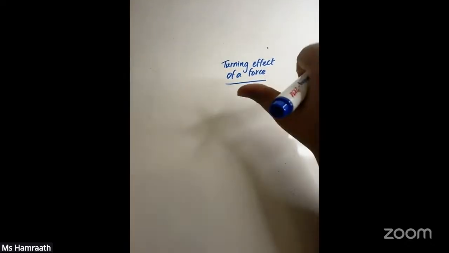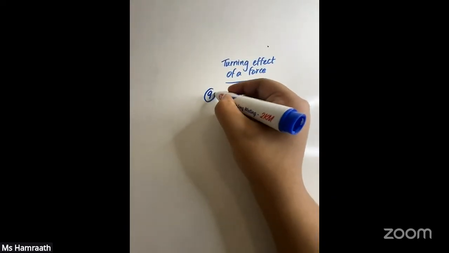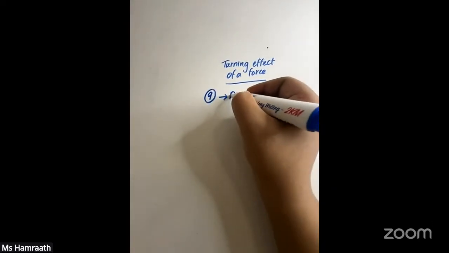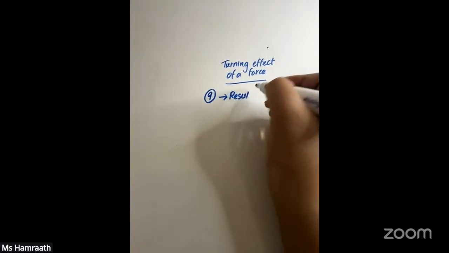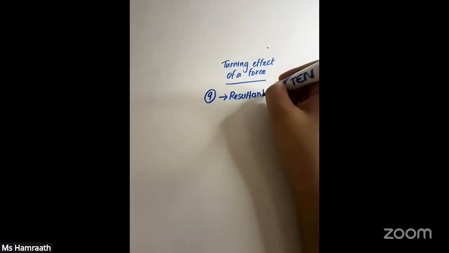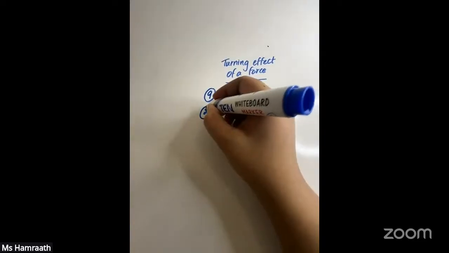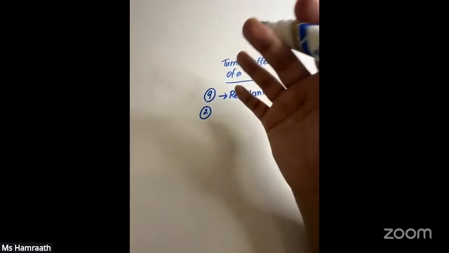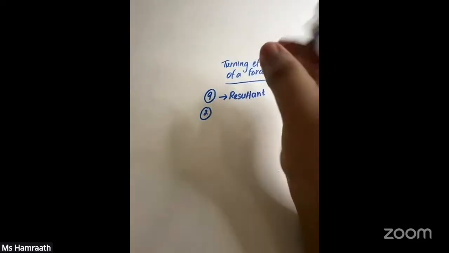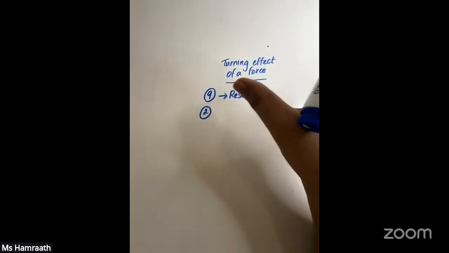Now, in this lesson, we should have some ideas related to the resultant force. Can you remember what you studied in Unit 9 of your grade 10? You studied about resultant force, so some knowledge of resultant force is very important for this lesson. In Unit 2, you studied distance and displacement, so you need some ideas about it, but not much.